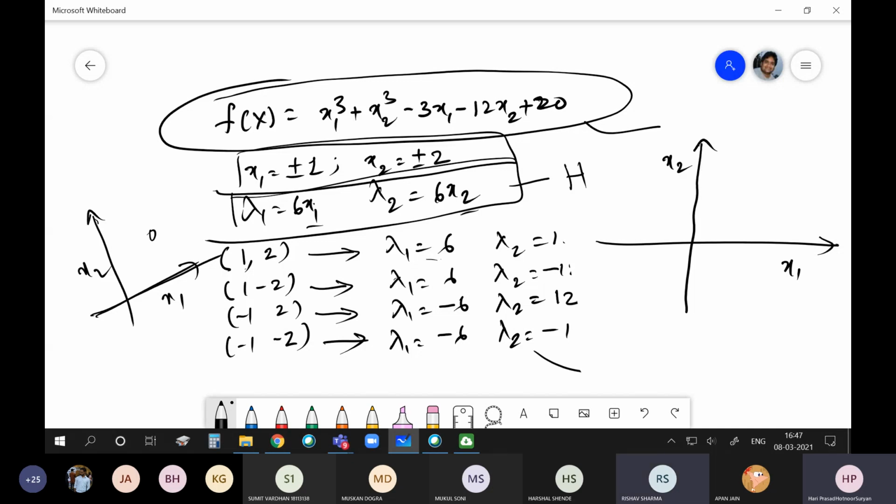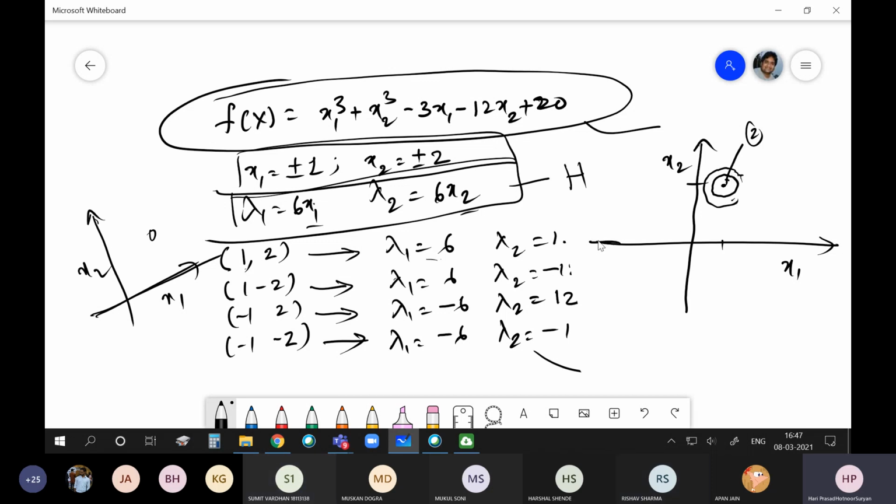So x1 is 1, and this is 2. Here you will have the minimum, and the value is 2. Around this you will have the contours increasing. If you plot in the neighborhood, it will be more than 2. If somebody plots, you will see it.